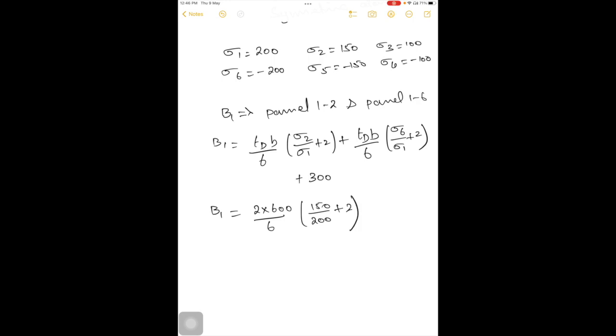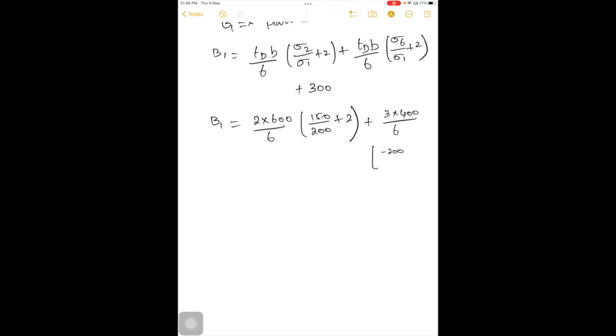Similarly for panel 1 6, thickness is 3 into breadth is 400 divided by 6, 100, and sigma 1 is 200, plus 2. Okay, plus we have 300. So when you solve this one, you will get B1 equal to 1050 mm square. So this is our B1.